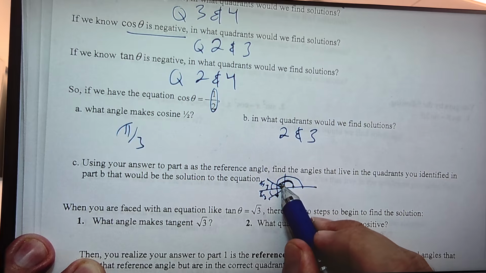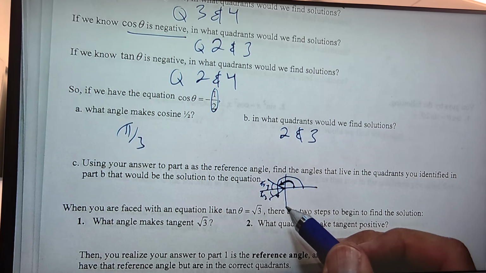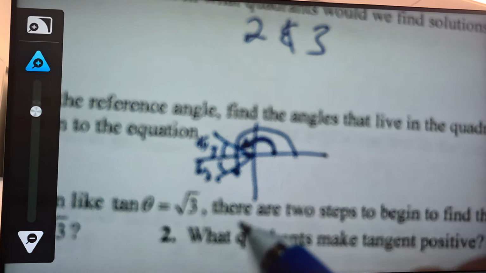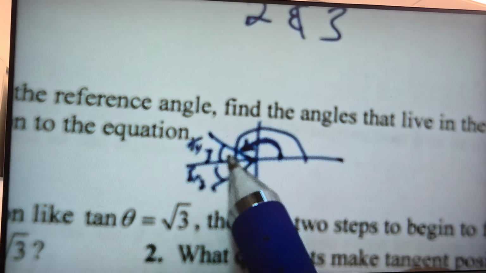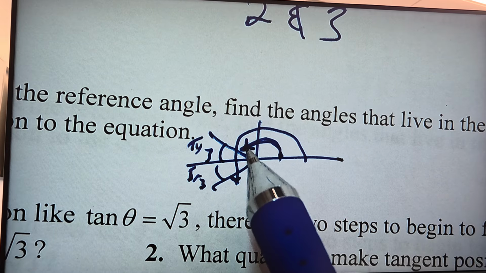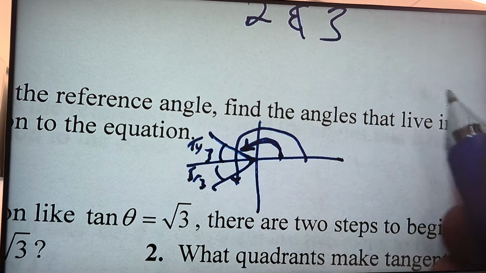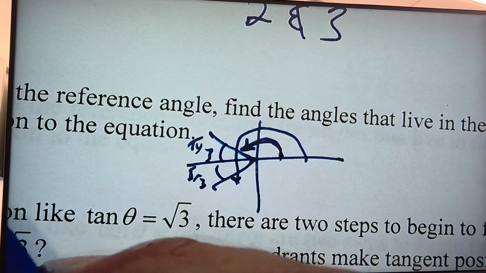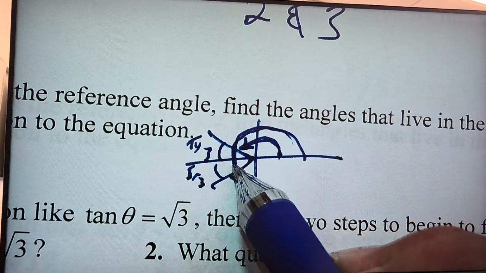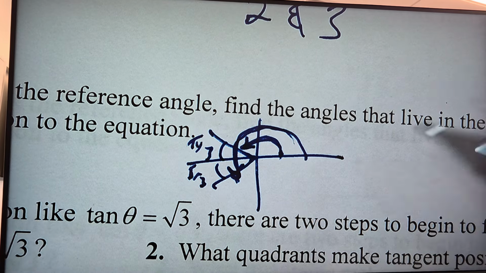How far short of a full pi am I here? Pi over 3. So what's pi over 3 short of a full pi? 2/3 pi. So one is 2 pi over 3, and the other one is pi over 3 past a full pi. 4 pi over 3.